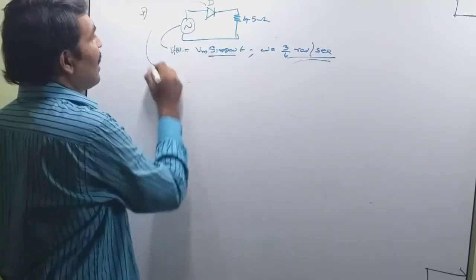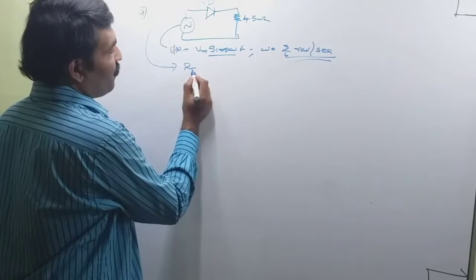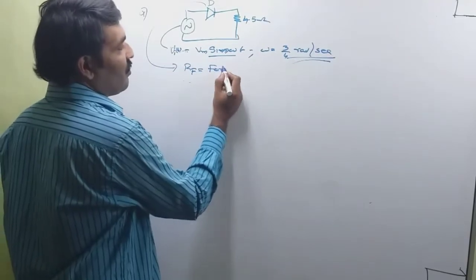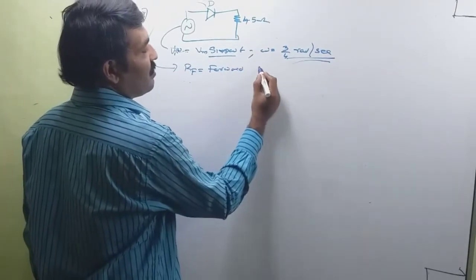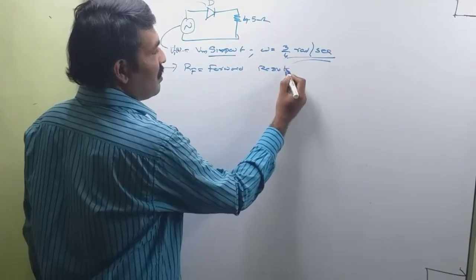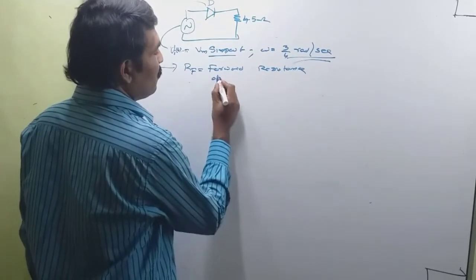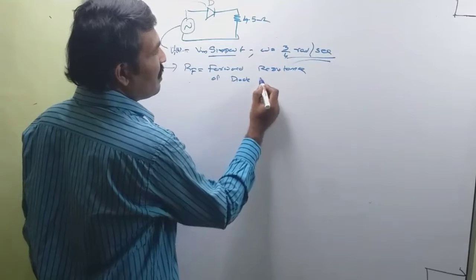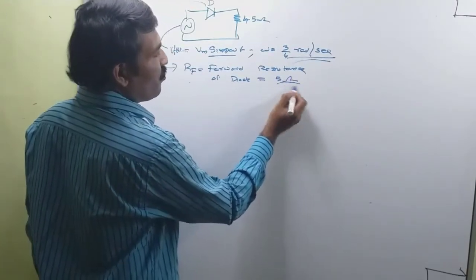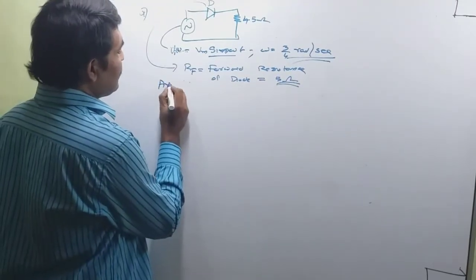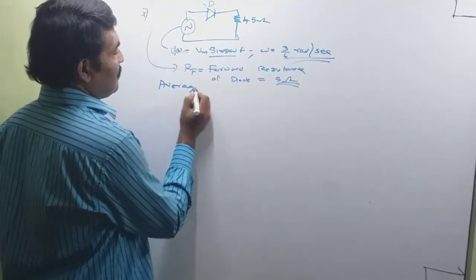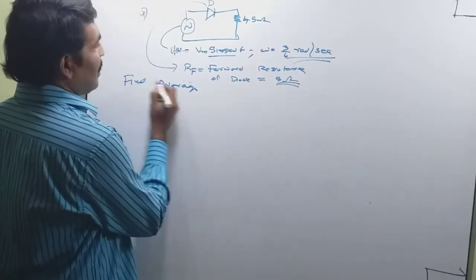The forward resistance of the diode, RF, is given as 5 ohm. Find the average current.